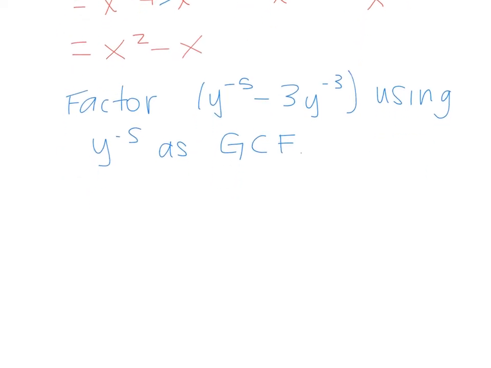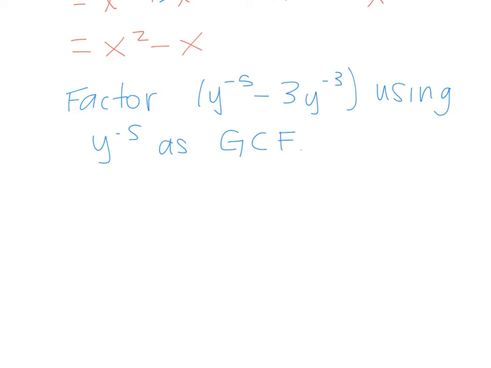So it's telling us that we're going to factor out a y to the -5, and then that's going to be multiplied by something. That's what we're looking for. And multiplying those together gets us back to that expression that we're starting with.